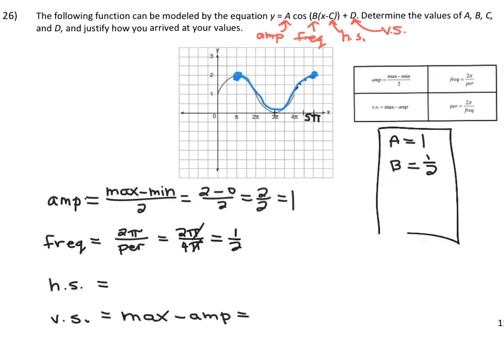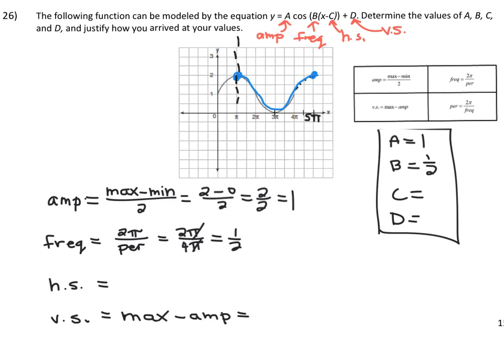Okay, so we still have to find C and D. So now C represents the horizontal shift. So normally, when x is 0, cosine starts at its high point and comes down and then comes back up. But here, instead of starting at 0 along the x-axis, it was shifted over. Here, let me draw a dotted line. It was shifted over.